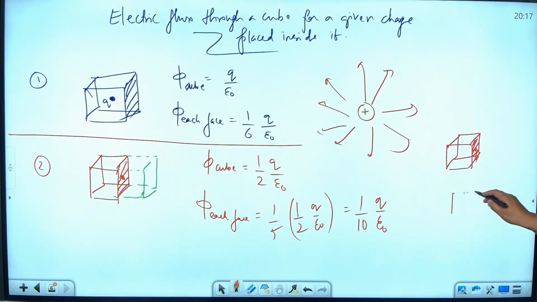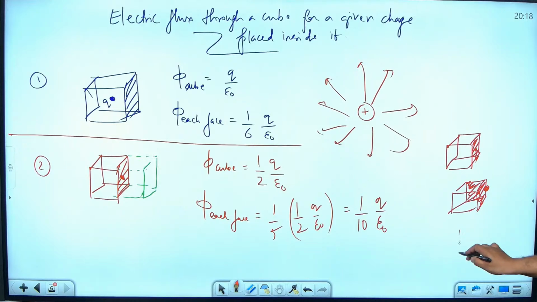If the charge were placed on one of the edges, then this face as well as this face are going to be affected, isn't it? So only 4 faces will be considered. If I place the charge at one of the vertices, like here, then 3 surfaces, this one and the above one, will not be considered. Only 3 will be considered.